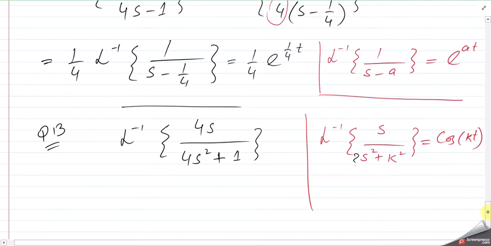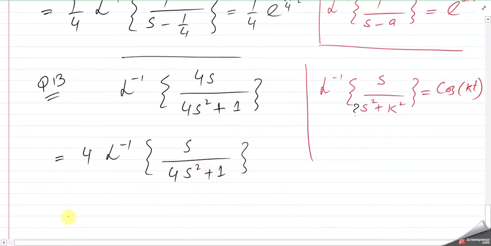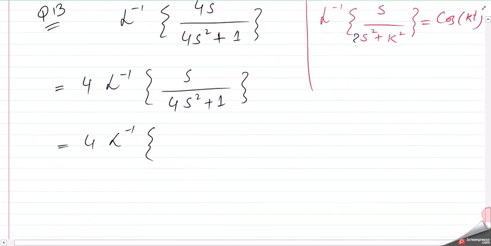Okay, so now you have tried it. Let's see how it works. Well, the top constant, this 4, can easily go out. There is no problem there because it's only linearly multiplied. So this goes out and we get 4s square plus 1. To take this denominator 4 out, we have to use the same algebra step.